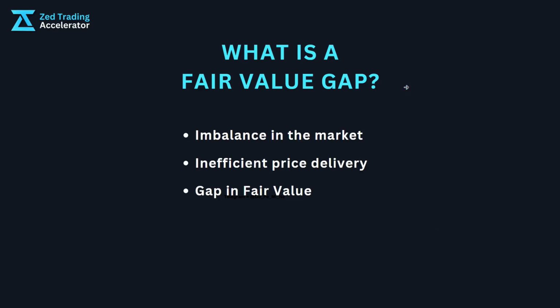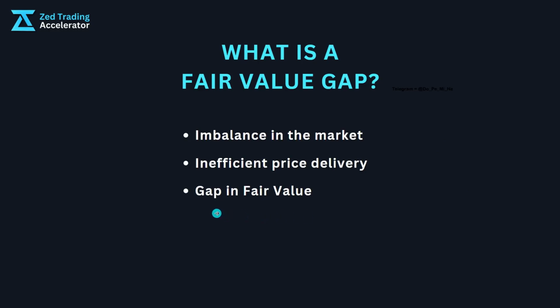Like I told you, right? The price only looks for one of two things: imbalance and liquidity, right? So, if we have an imbalance, the price will most likely go back into that fair value gap or imbalance before continuing lower or higher.